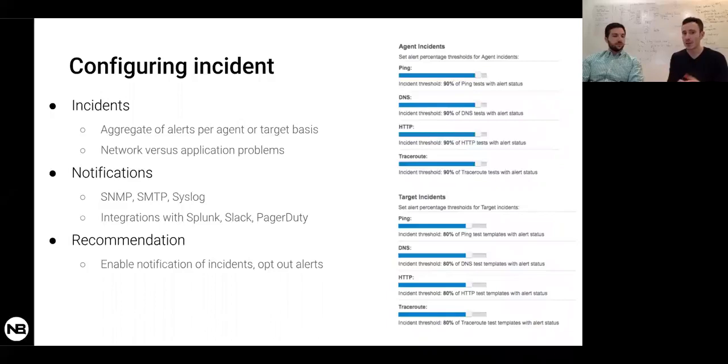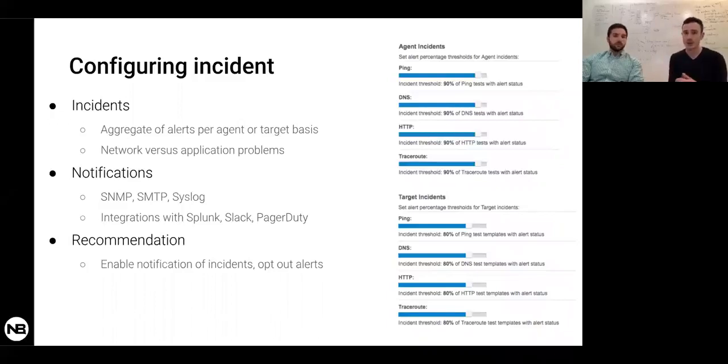So we have two types of incidents at the moment, agent-based and target-based. And it's always the dilemma, is it the network or the application? Well, incidents give you that information. If, for example, a sensor is failing all the tests with applications, that's a network problem. The other way around, if it's under a target, that's an application problem.